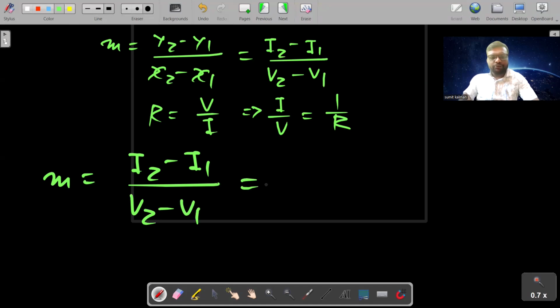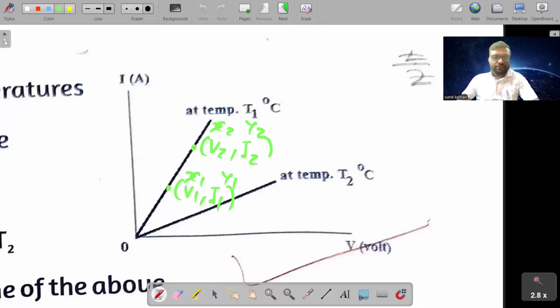It will become equal to 1 upon R. And students, we have studied that for a steeper line, your slope is maximum.